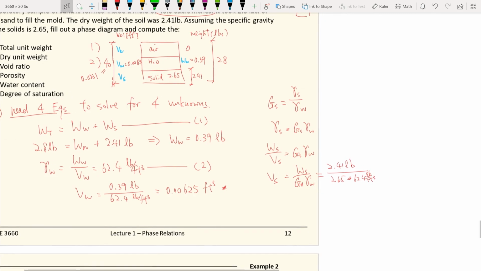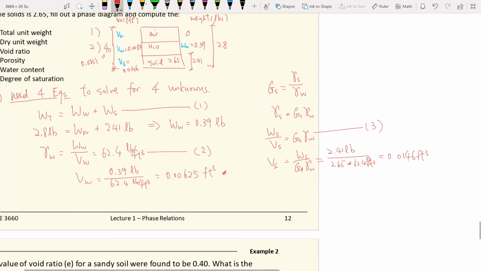If we do our math, this will equal 0.0146 cubic feet. So we can find out the volume of solid too, which equals 0.0146. And this is equation 3 that we use.